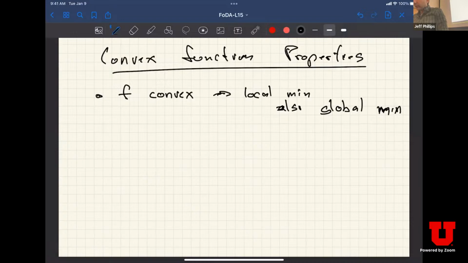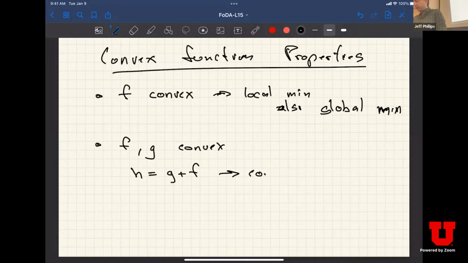We also want, if I know it's strictly convex, then the global minimum is going to be the only point which minimizes that function. So it's the special optimal point, and there are no other points as good. Also, if I have f and g which are convex, then I can define h as g plus f.